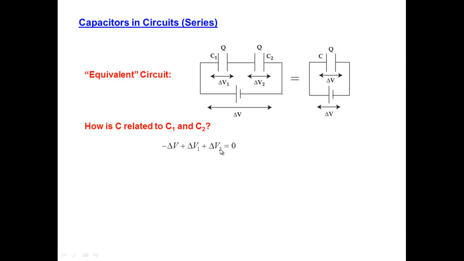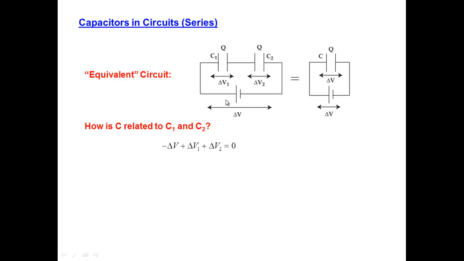So there's a very simple relationship that we can form if we know that the potential difference generated by the battery across the terminals of the battery is delta V. Then we also know, through a very simple consideration, that the sum of the potential differences across the two capacitors has to equal the potential difference across the battery. And they have to be opposite in sign.